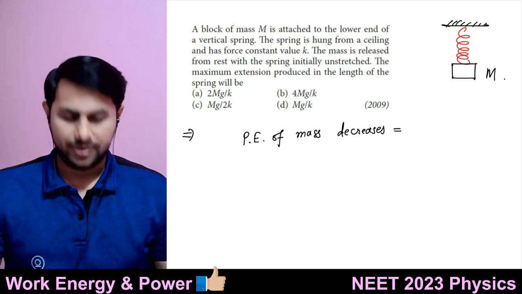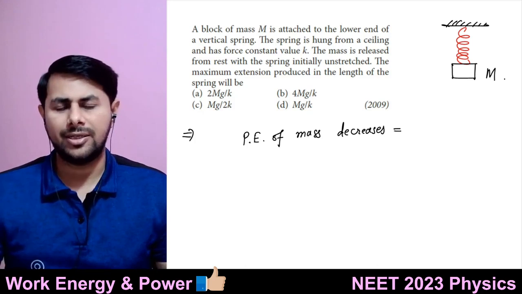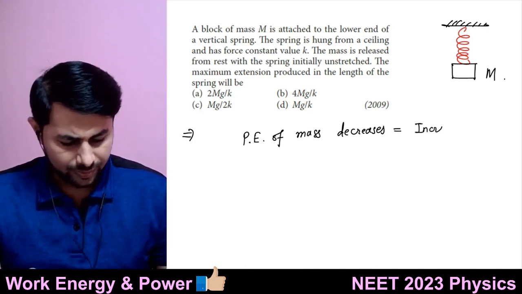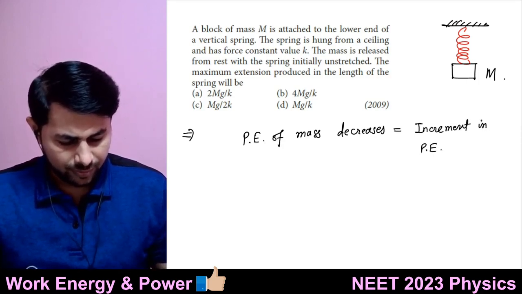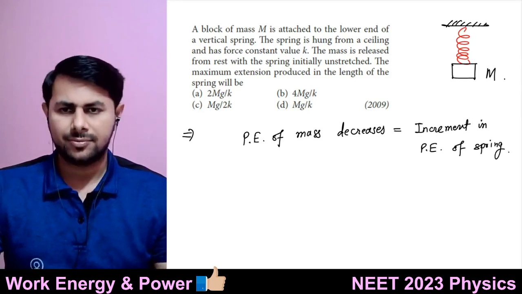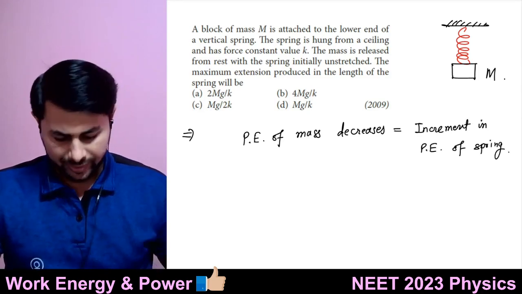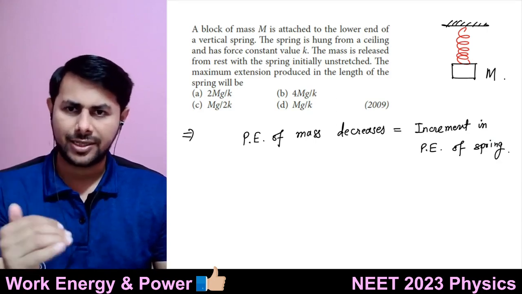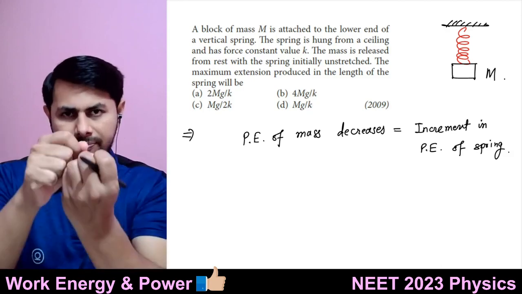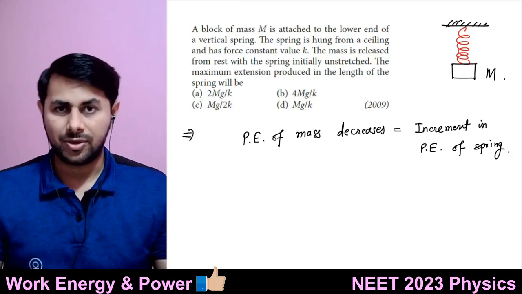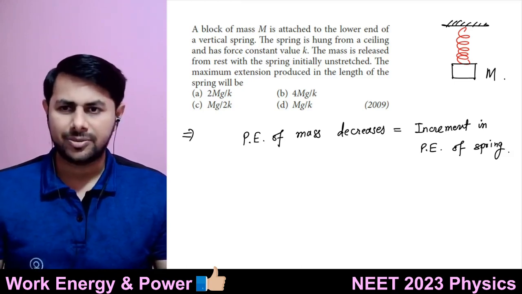And it is equal to the increment in the potential energy of the spring. The potential energy of the mass will decrease because it is falling down, so its height will decrease. But the spring is getting stretched, so its potential energy will increase because there will be work done against the spring force.